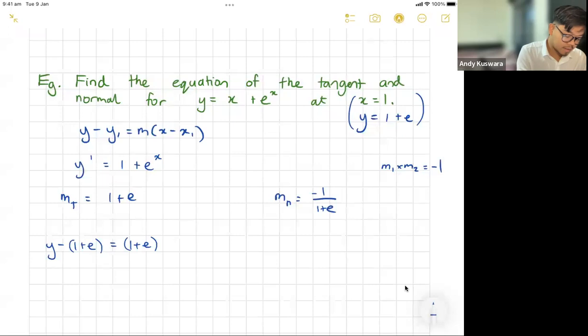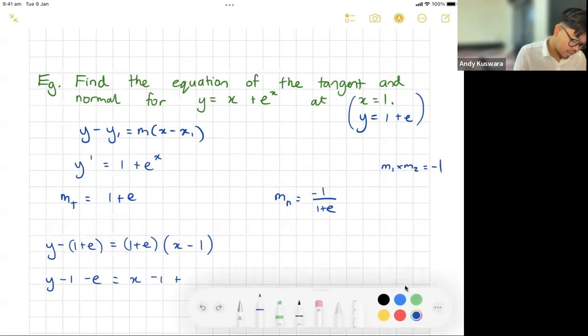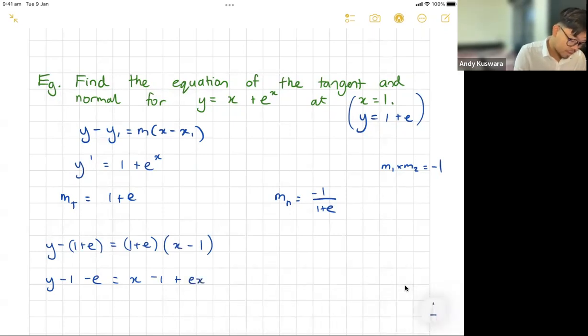And then m(x minus x1), which is just 1. So let's just clean this up a little bit. y minus 1 minus e. This becomes x minus 1 plus ex, but not exponential, just e times x, minus e.